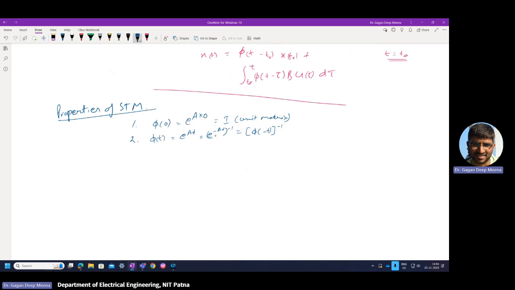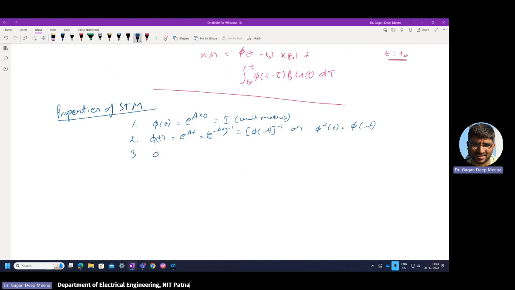So e to the power At is phi of t, and e to the power minus At is phi of minus t. Okay, so that's your second property. Now this can also be written as phi inverse of t is equal to phi of minus t.